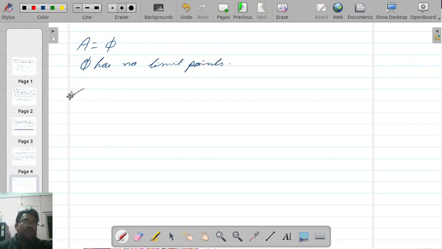Now we have a definition like this: derived set. What is a derived set?